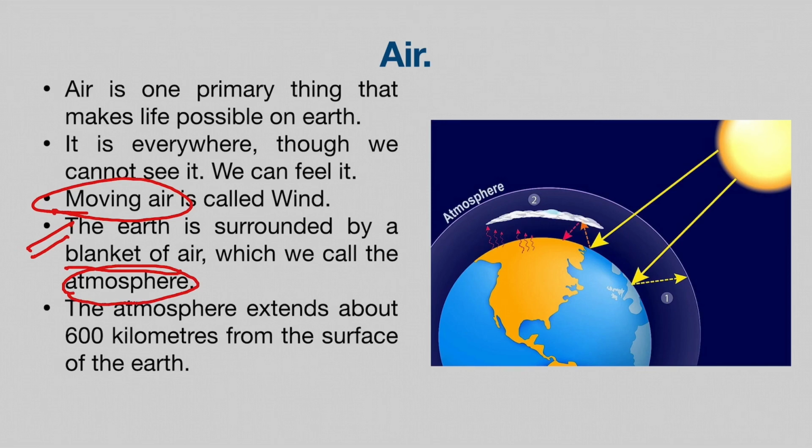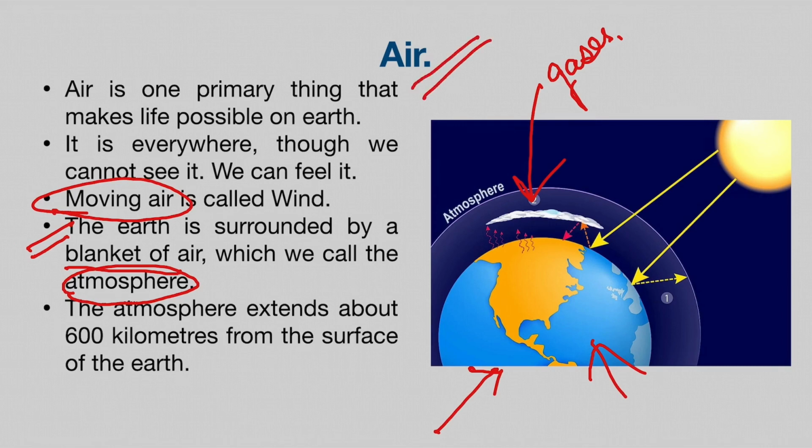If you look at this diagram or this picture, you can see that here this is the globe and surrounding it is atmosphere. Okay, what is this atmosphere? It is filled with gases. If there is no atmosphere, all these gases, all air like oxygen, carbon dioxide, they will escape away from the earth, and hence we won't have anything to breathe in.